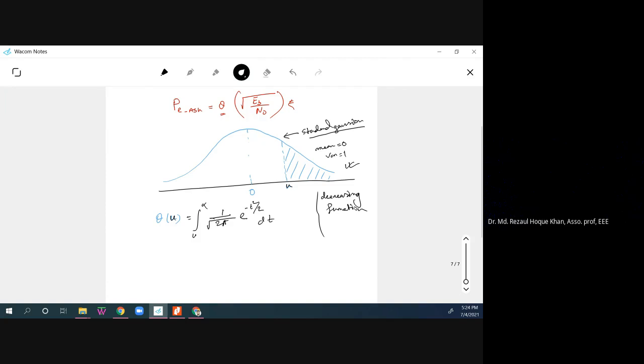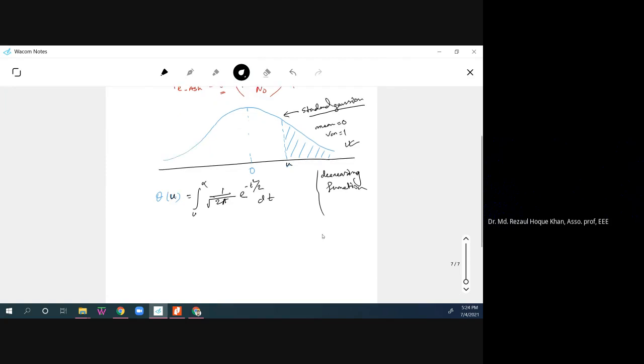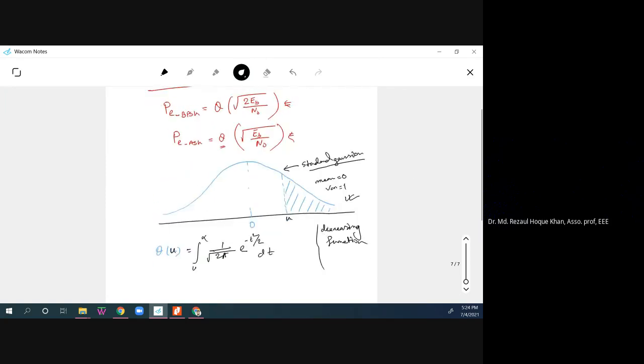Now, if it's a decreasing function, then Q of square root of 2 EB by N0 will be less than the Q function with argument square root of EB by N0.